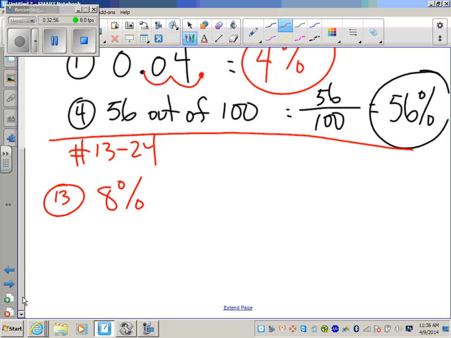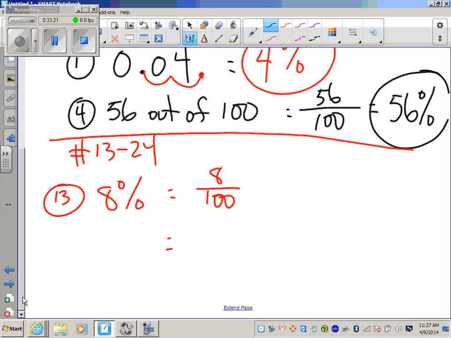What are they asking for? Fraction and decimal. How am I going to put this into a fraction? 8 over 100. Bonus points to those who can put the fraction in simplest form.